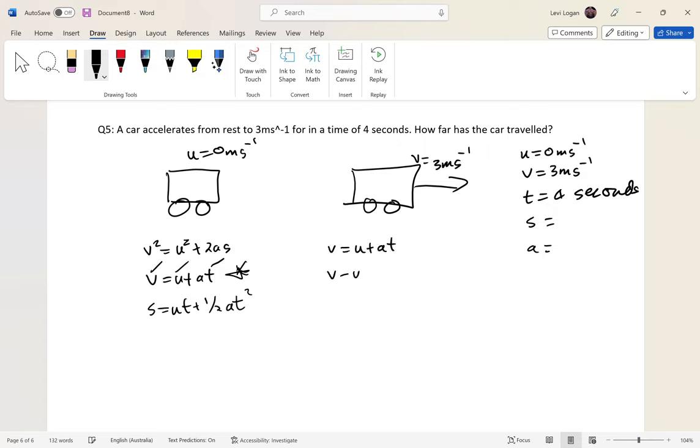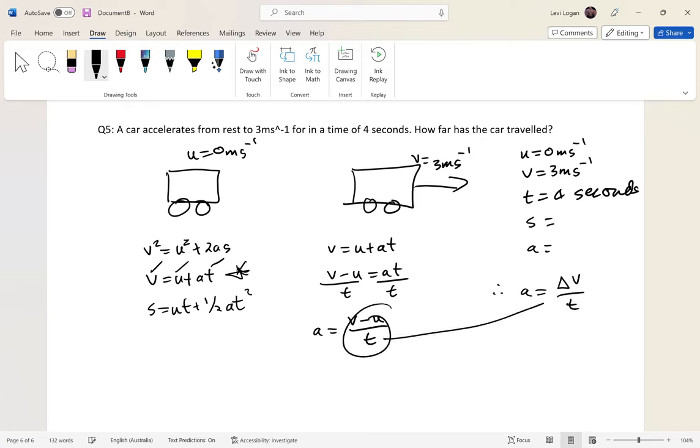So therefore v minus u equals at, divided by t. So acceleration is final velocity minus initial velocity over the time.